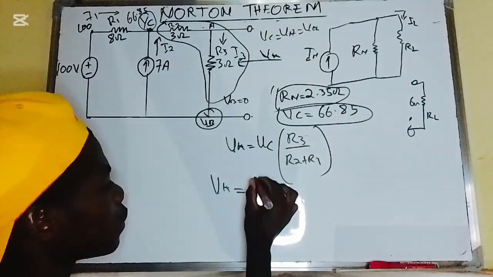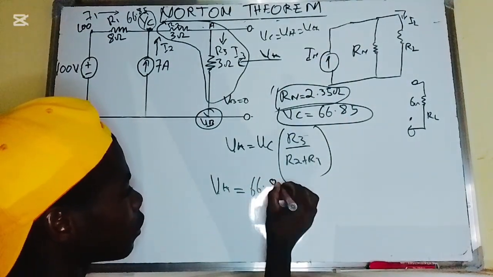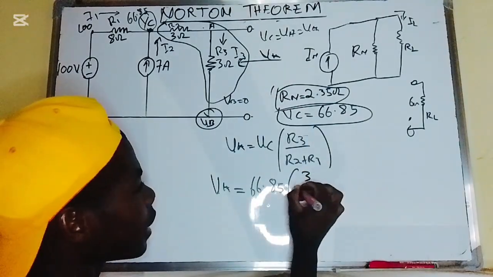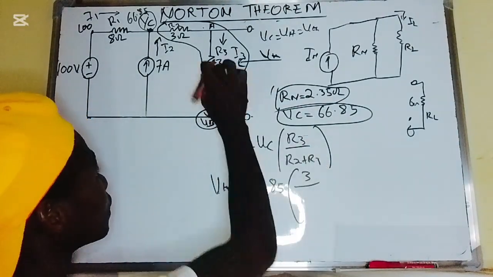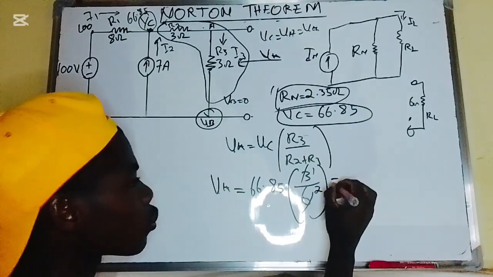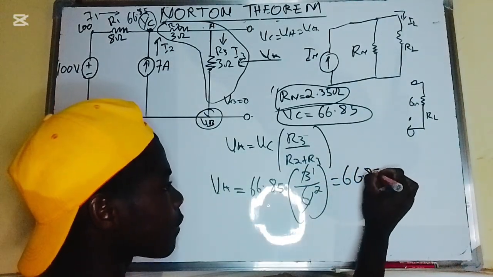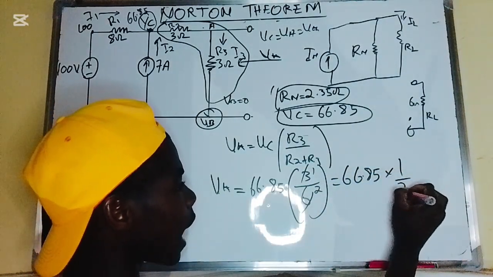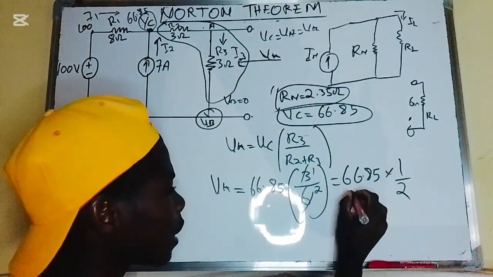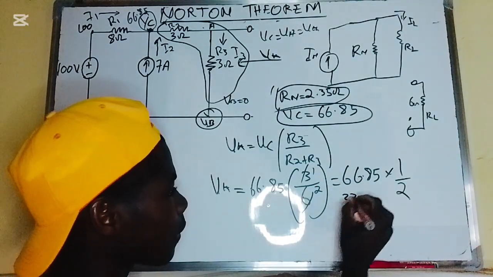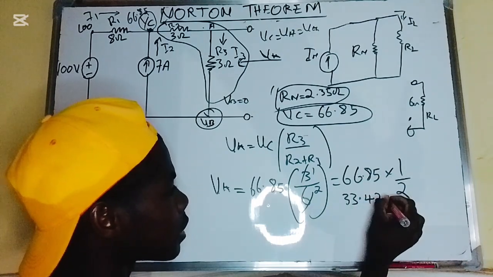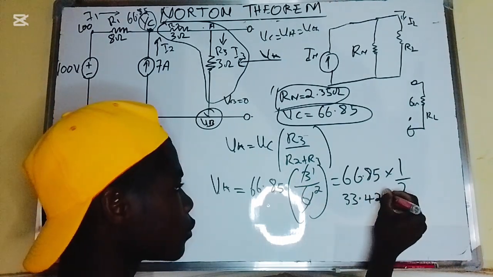So the Thevenin should now be equal to the value of VC, which is 66.85, multiplied by 3 divided by 6. This plus this will give me 6, so this is the same thing as half. So 66.85 multiplied by half gives 33.425.